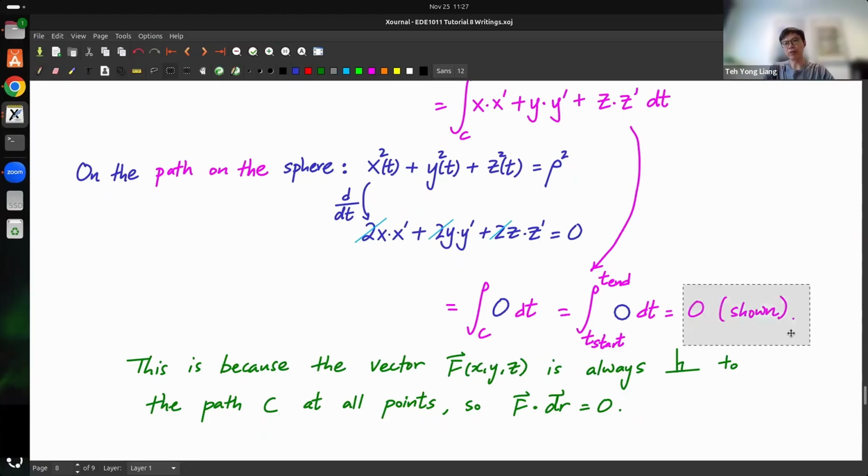This is like finding the area under the line 0 that is on the x-axis. It's not indefinite. If it's an indefinite integral, then you have a constant C. Integrate 0, you get a constant. If it's an indefinite integral, that means you don't have limits. But when you have limits, then you are finding area under the curve already. Your 0 is this line. Is there any area under this line? No. So it has to be 0 area.